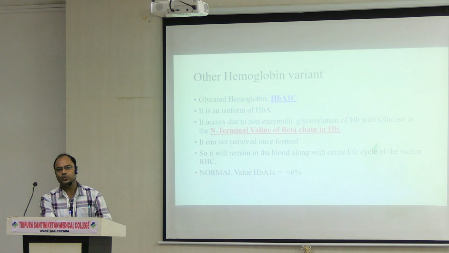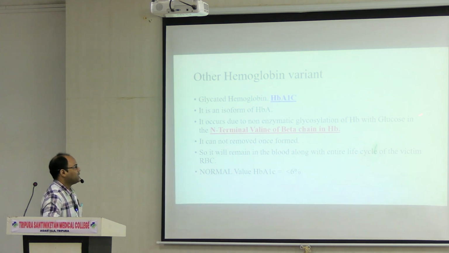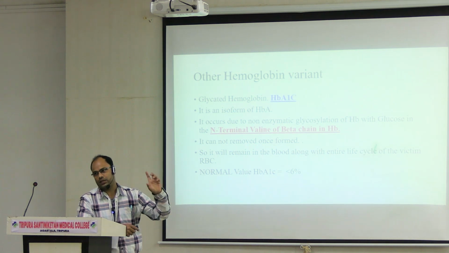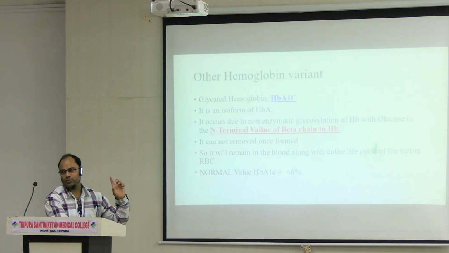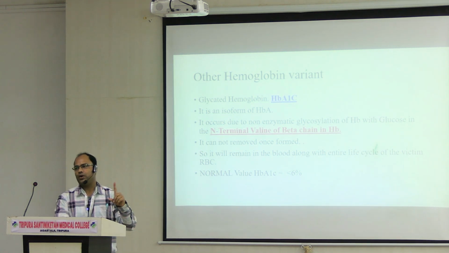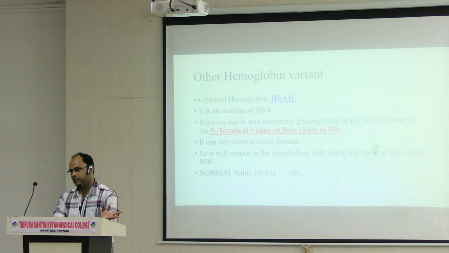In this valine residue, जो एक्स्ट्रा शुगर रहता है, sugar comes and attaches to it, and it forms a glycation, that is called glycated hemoglobin. This is non-enzymatic. Once it is formed, it cannot revert back.